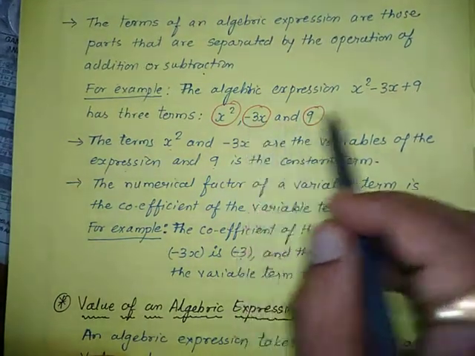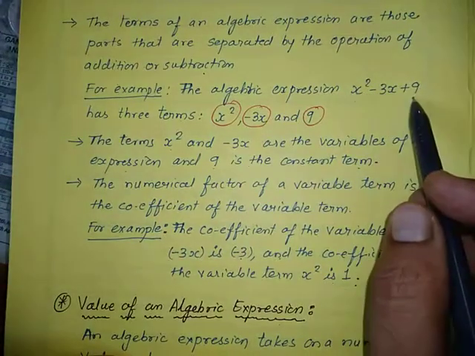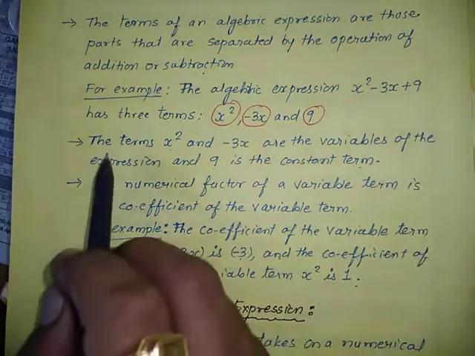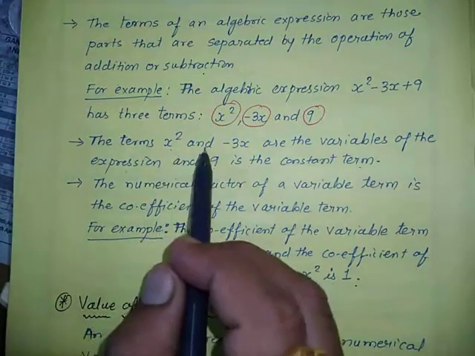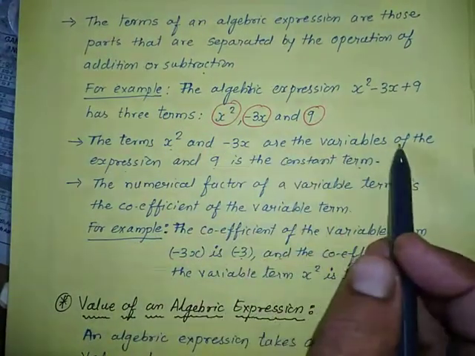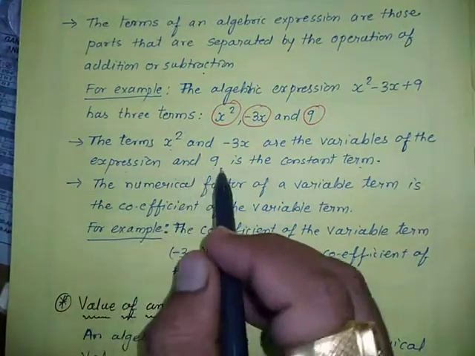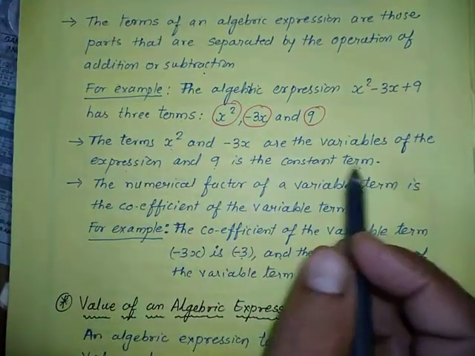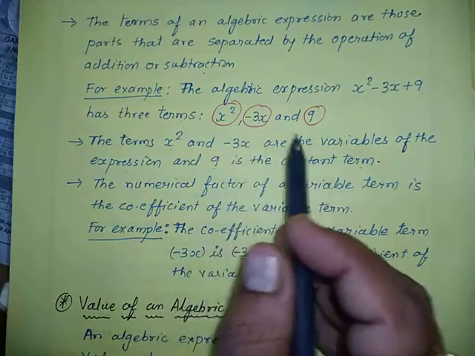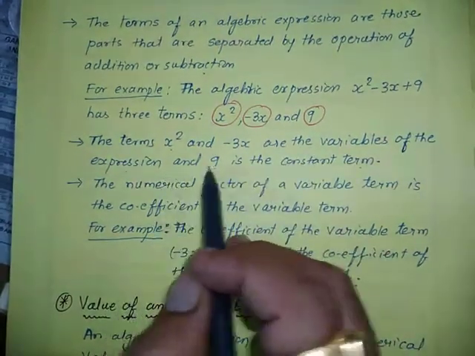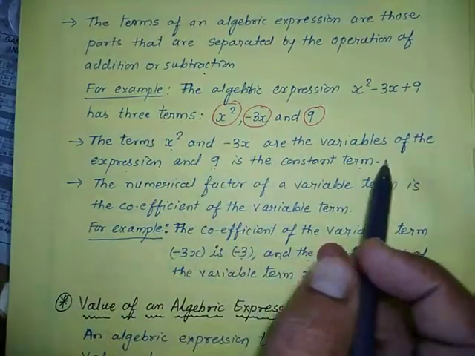The terms x square and minus 3x are variable terms and 9 is a constant term.